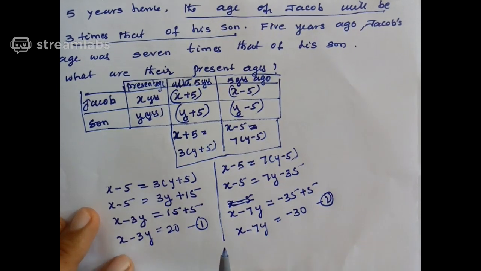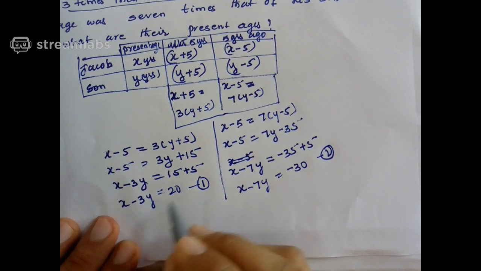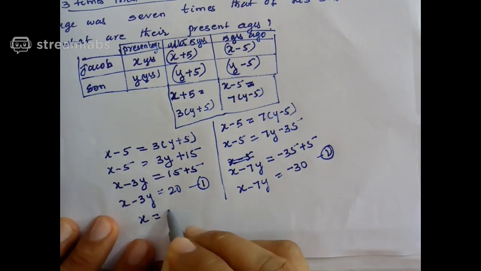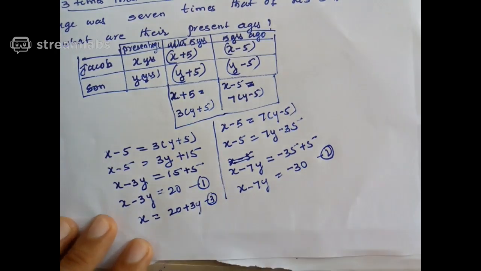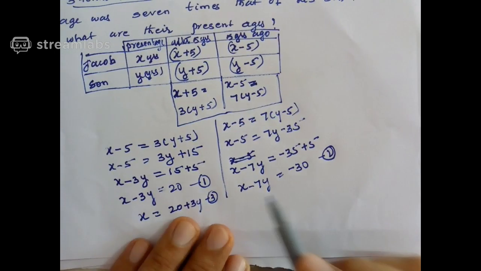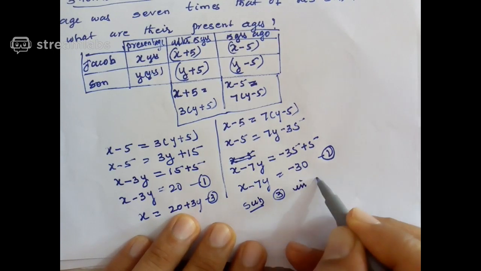Now let us solve 1 and 2. Here x minus 3y is 20, so I can write x is 20 plus 3y. Call this equation number 3. Now what I have to do? I have to substitute 3 in 2.